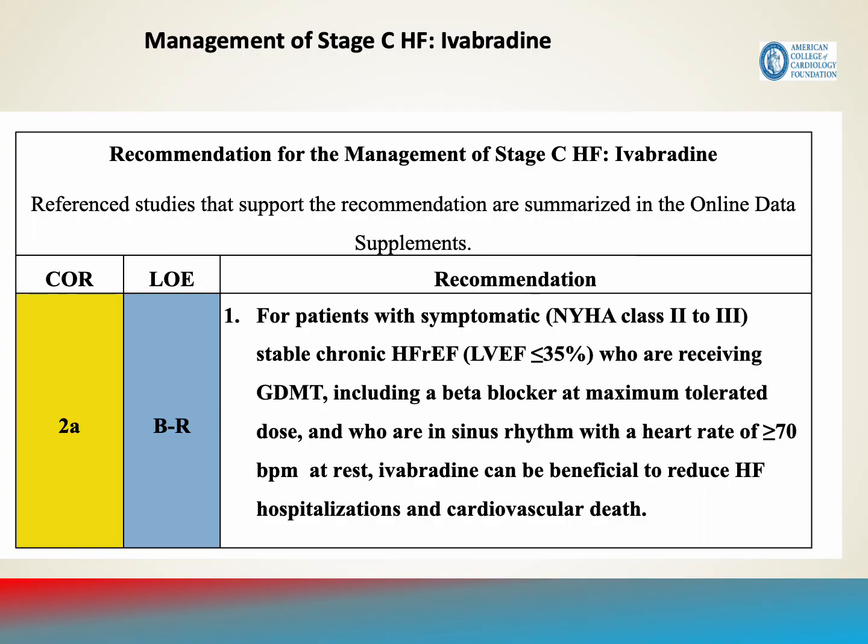Ivabradine, they do have a role for it. It's usually pretty much limited to when you've gotten your maximal goal-directed medication list, including beta blockers at maximal dose, and your rate's still above 70, then maybe ivabradine. I'll tell you quite honestly, that's not very many patients because you have a lot of room to go up on beta blocker dosing usually.